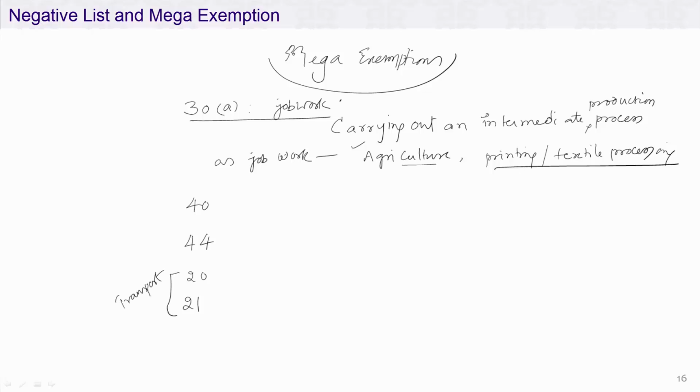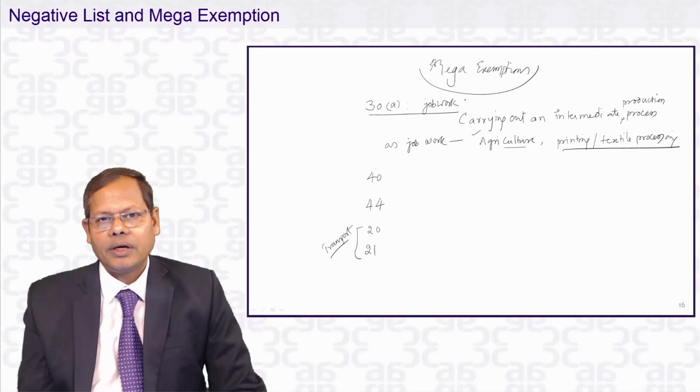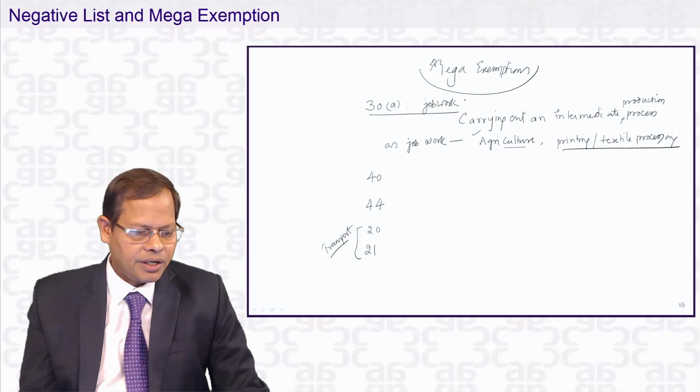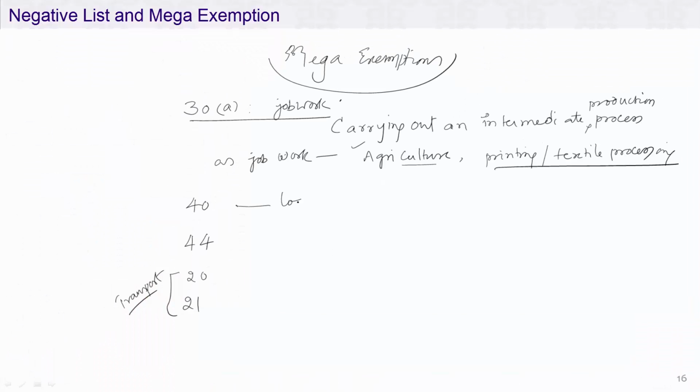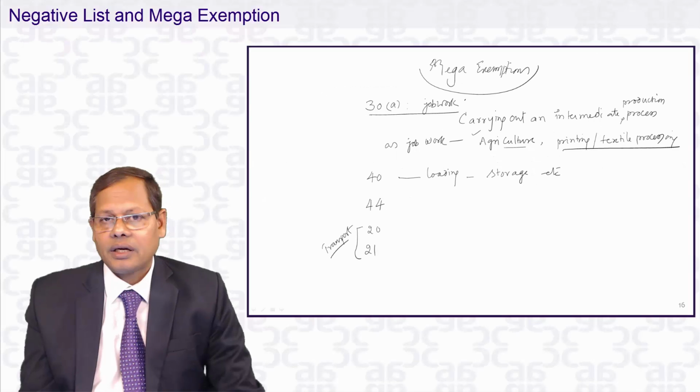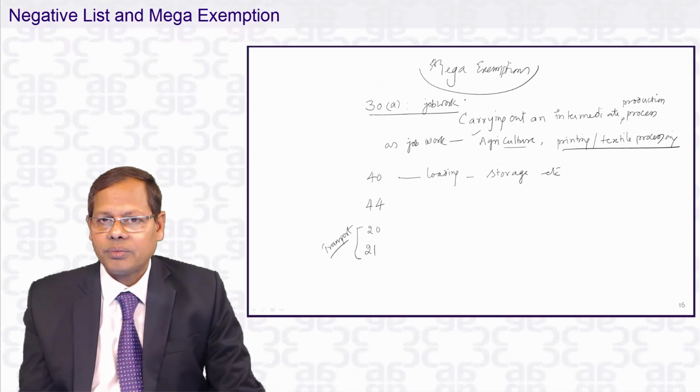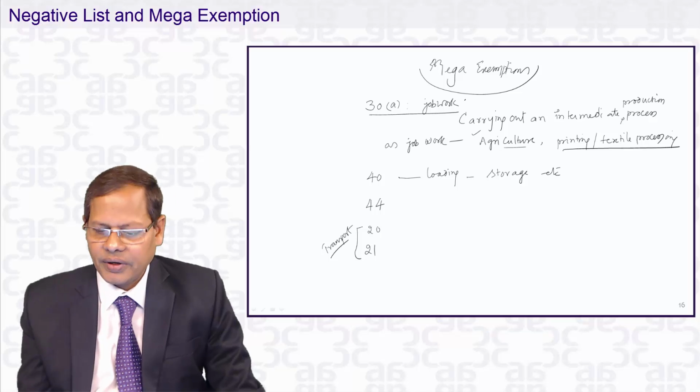There are certain categories which have been given under mega exemption. Entry number 40 is also there. 40 is about loading, or storage, warehousing, etc. And here not necessarily agricultural produce, it may be something different.